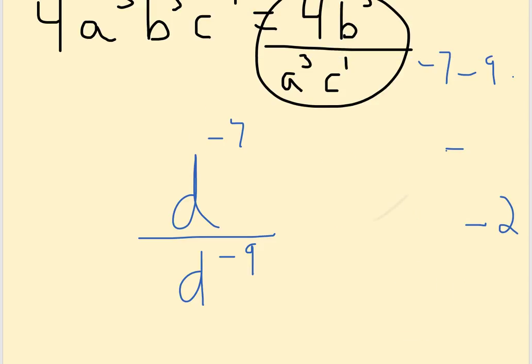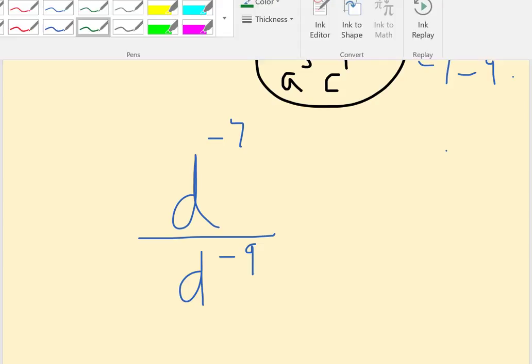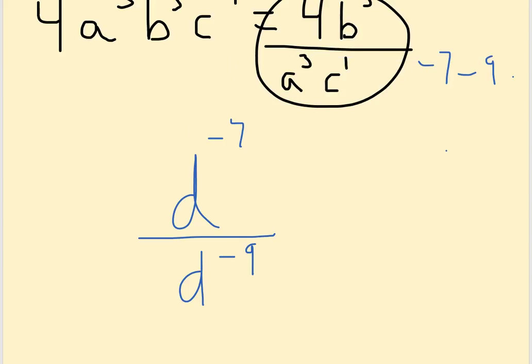All right, another way you could have answered this question, I think this one's a little bit easier. I want to show you both ways. Put as many tools in your toolbox as you need. If it is a negative exponent, you put it in the bottom of a fraction, yeah? And you take away the negative sign.